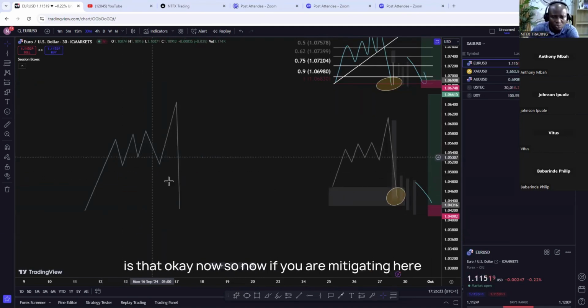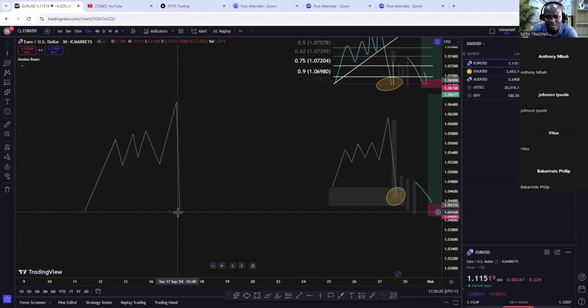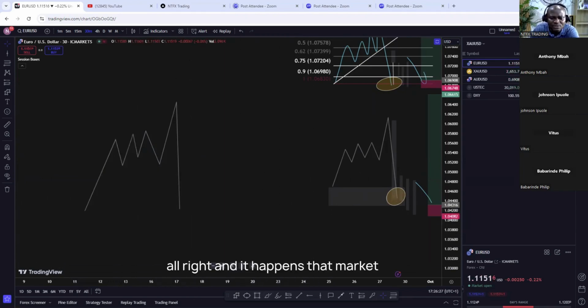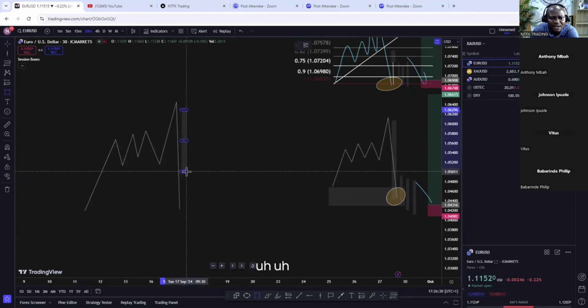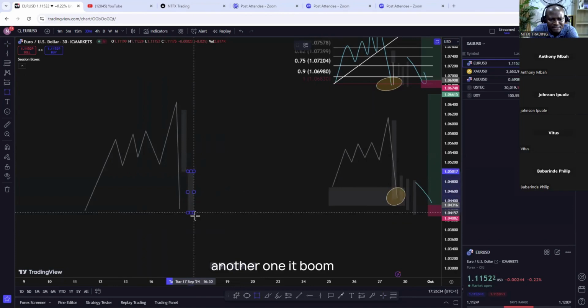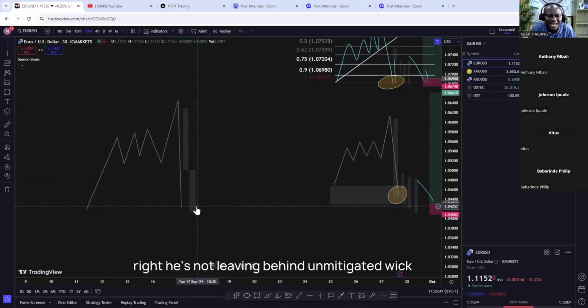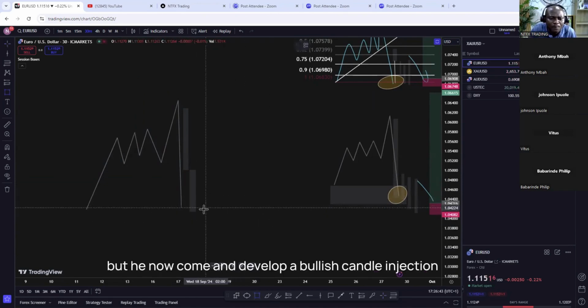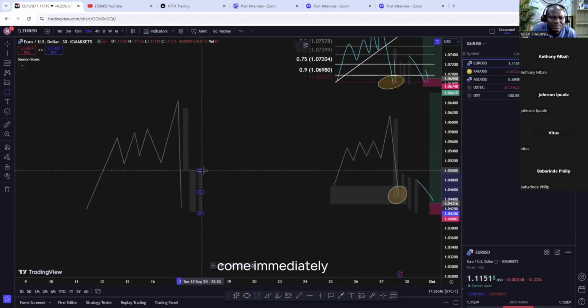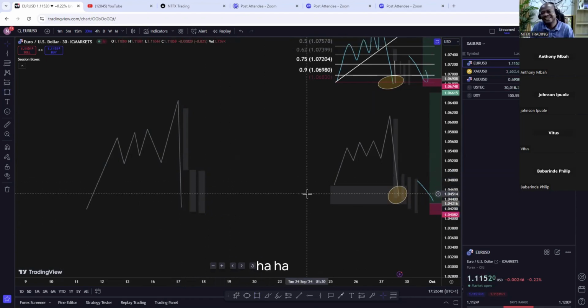Is that okay now? So now if you are mitigating here, all right, and it happens that the market makes a bearish candle, boom, it doesn't form a pullback, another one, boom. Can you see? You know that mitigation is complete now, right? It's not leaving behind unmitigated weak, but it now comes and develops a bullish candle, injection comes immediately.